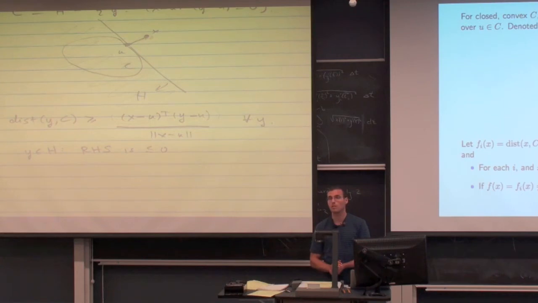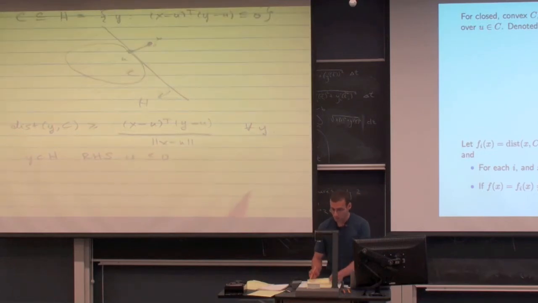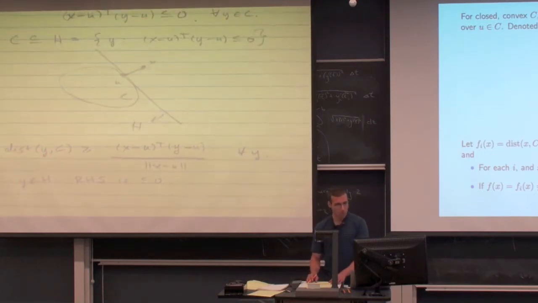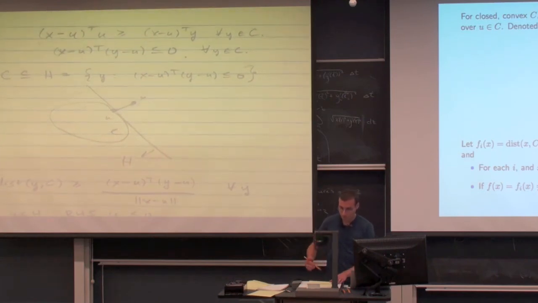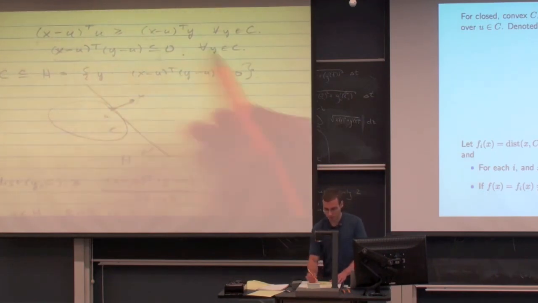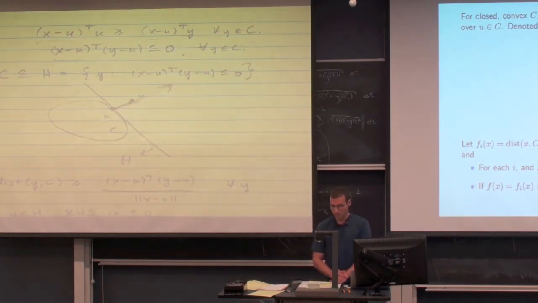I didn't understand the relationship between the normal cone and the hyperplane. Between the normal cone and the hyperplane. Well, there wasn't quite a relationship to the normal cone and the hyperplane, but we derived this inequality. The normal cone is just this, actually. That's all it is for this convex set in particular. That line there. The hyperplane is the set of all y for which, if we look at the difference between y and u and x and u, that inner product is negative. So it's everything that lies below this line here.